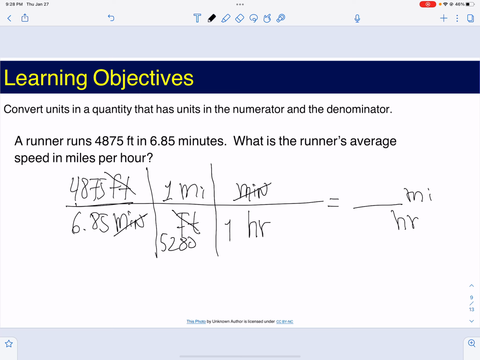So 1 hour equals 60 minutes. And that should cancel the minutes. So the only thing remaining is your miles, which is what you were looking for, and your hours.